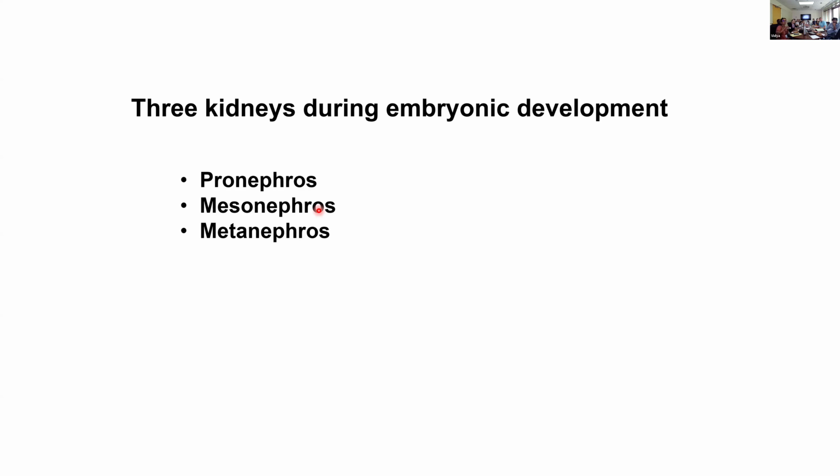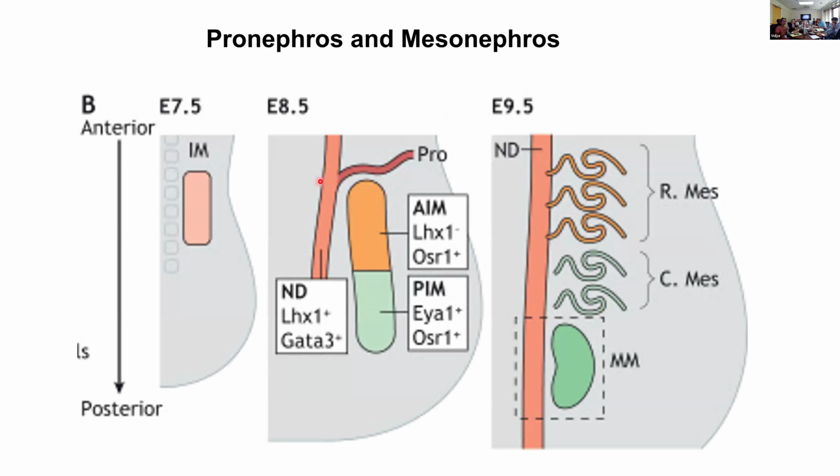Because of that, I'm just gonna say very briefly in the mammalian system, and for this, as you can see, whenever you see the embryonic, this is mouse time point. All three kidneys, pronephros, mesonephros, and metanephros, derive from the mesoderm called intermediate mesoderm.